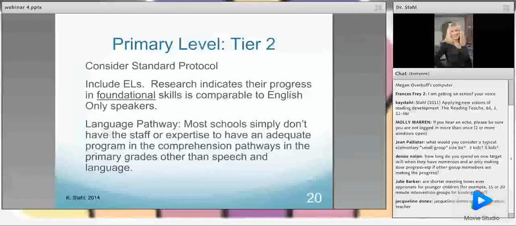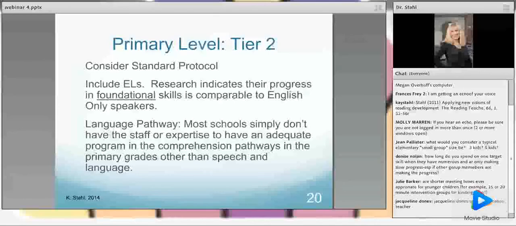We have that evidence. However, the reality is most schools simply don't have the staff or the expertise to have an adequate program in the comprehension pathways in first and second grade other than speech and language.